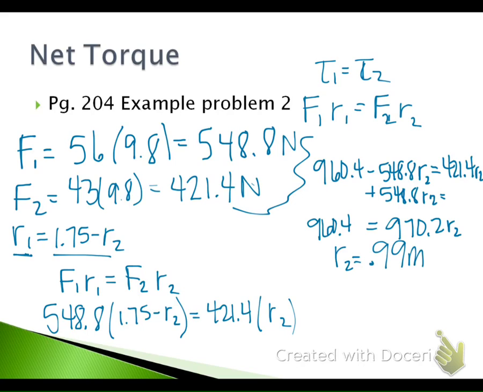Okay, so now how do we solve for R sub 1? We're going to plug it back into this equation right here. So we'll take 1.75 minus 0.99, and we get about 0.76 meters.